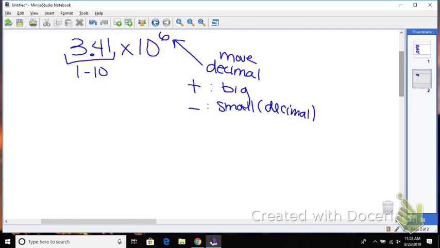So if I write this out of scientific notation, I have 3.14. I'm going to move this 6 places, and because it's positive, the number's going to get bigger. So I'm going to move the decimal to the right. So I would go 1, 2, 3, 4, 5, 6, and fill in with zeros. And then you get your big number.